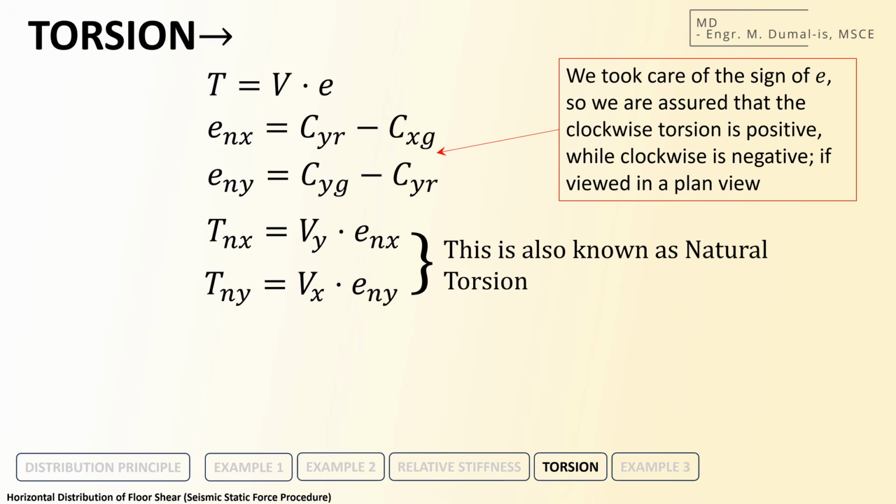The algebraic sign of En dictates the direction of natural torsion. A positive En generates clockwise rotation, while a negative En induces counterclockwise rotation. This sign convention, embedded in the coordinate system, ensures directional consistency for accurate force resolution.